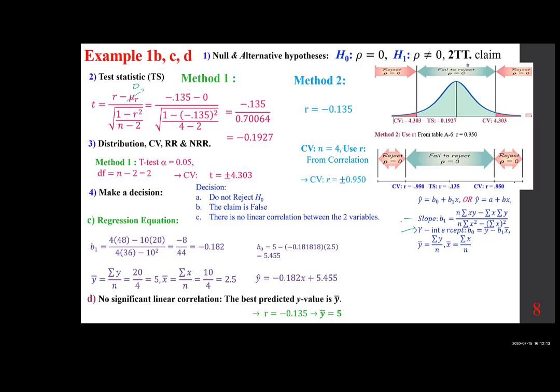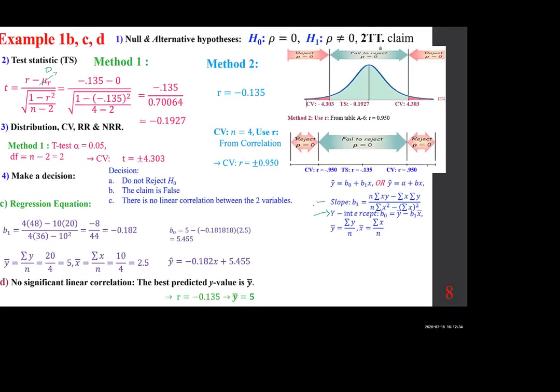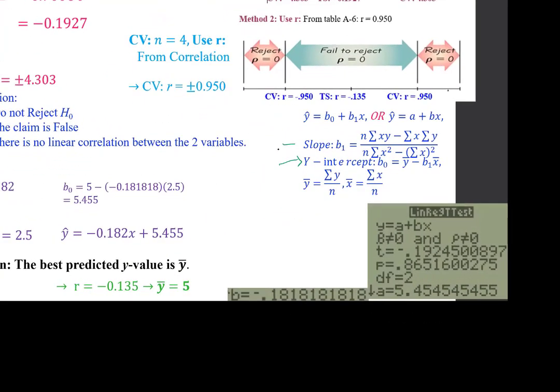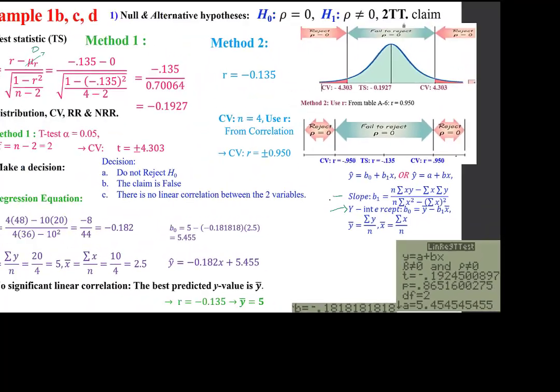When you choose x equals 2, or 3, or 4, anywhere in between, remember, x is 1 all the way to 5 and no more, you can go with y bar. As far as the technology, remember what we did, the b is negative 0.181818, and the a, and that's how you come up with the formula that is discussed here.